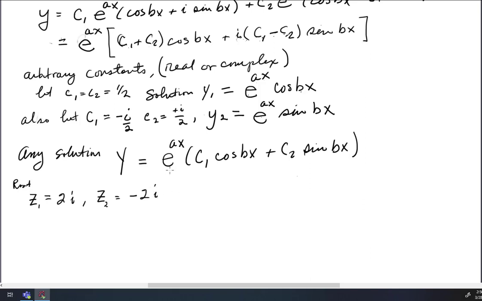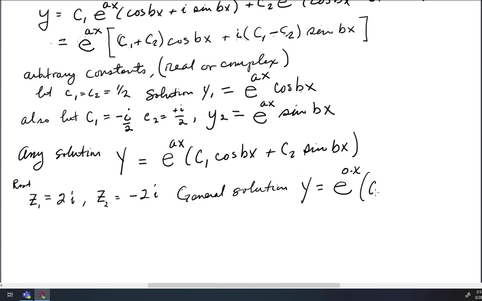And so following what we've done above, our general solution is going to be y is equal to e to the ax. Well, a is 0 in this complex number, and it's 0 in that complex number, so it's going to be e to the 0x.